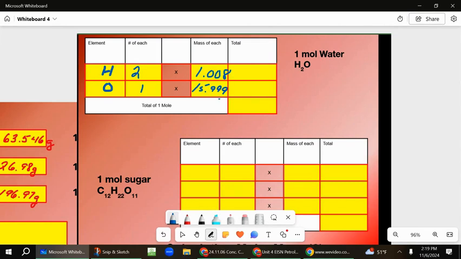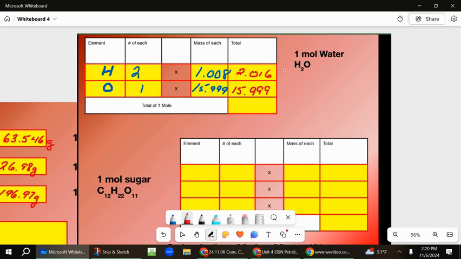What is the answer for 2 times 1.008? Good, 2.016. What about 1 times 15.999? Yeah, that doesn't change because it's 1, it's 15.999.